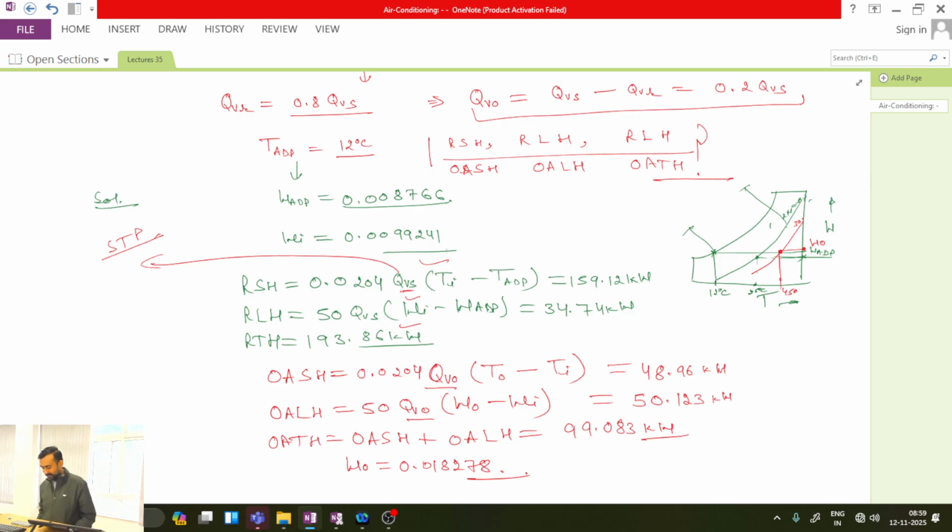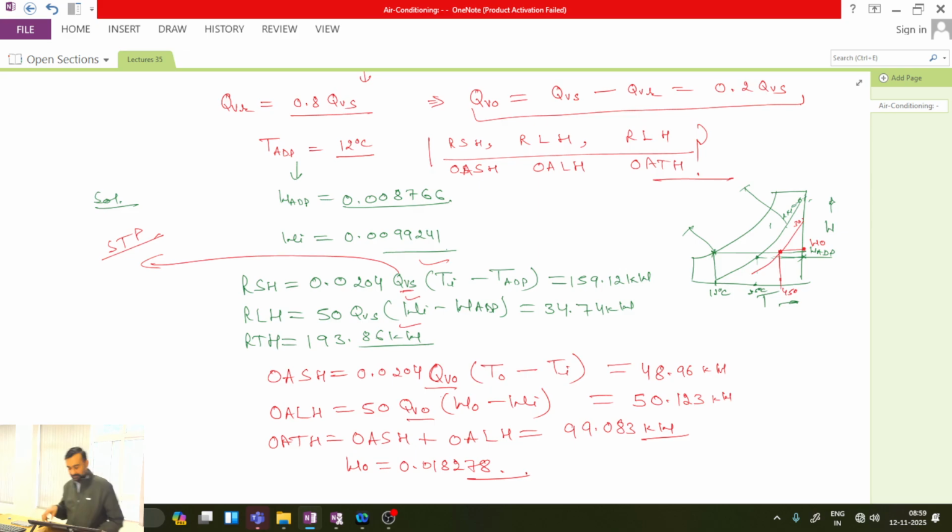How to calculate that? I will try to calculate the specific volume of the ambient air. How can I calculate the specific volume of ambient air? Please tell me.